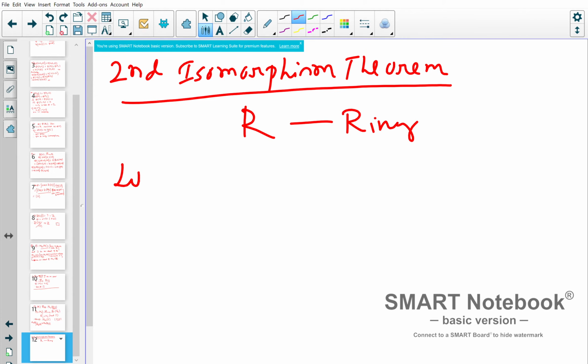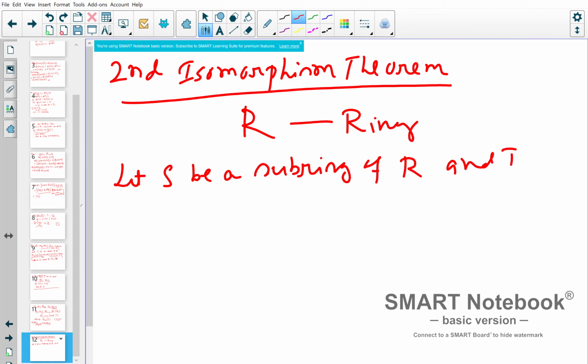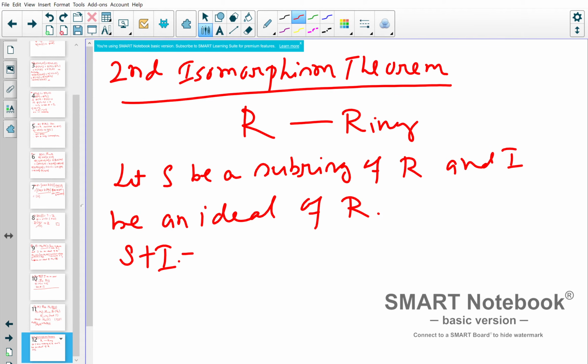Now let S be a subring of R, and I be an ideal of R. This is given to me, and then I can define a nice structure S plus I. So what is my S plus I?